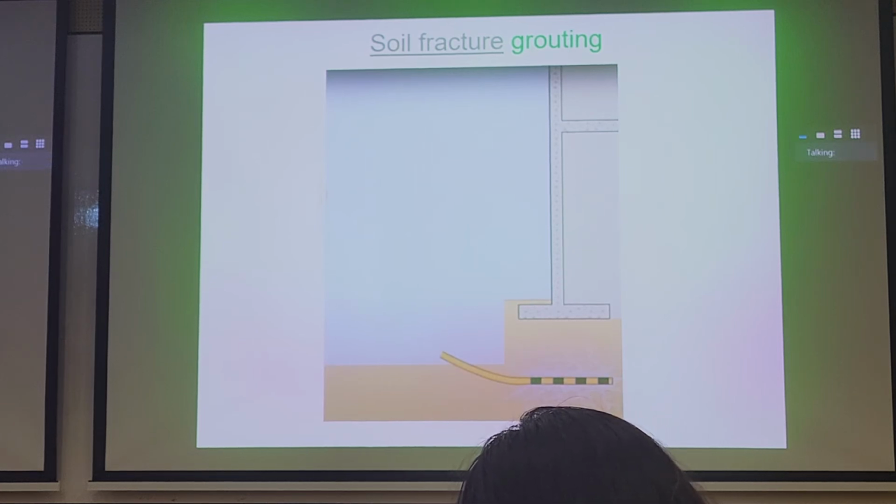Now, this sounds really easy, right? It's not easy. It's very difficult to carry out soil fracture grouting. And to the point where you can create tilt back to perfect horizontal elevation, this is quite theoretical. I guess it's quite difficult to carry out soil fracture grouting to that kind of accuracy.